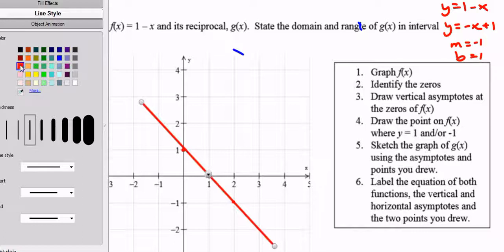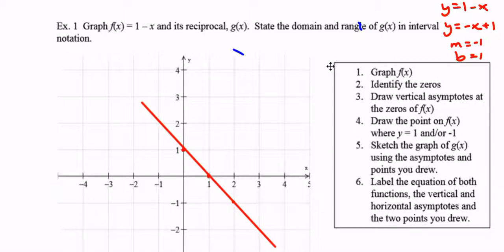You're going to have to know all of your rules for graphing lines and parabolas. For some of you who are a little rusty from grade 11 on that, you're going to have to go over that. So I'm just going to extend that. Normally we have arrows on the end. I can certainly put those on. And there's my graph.